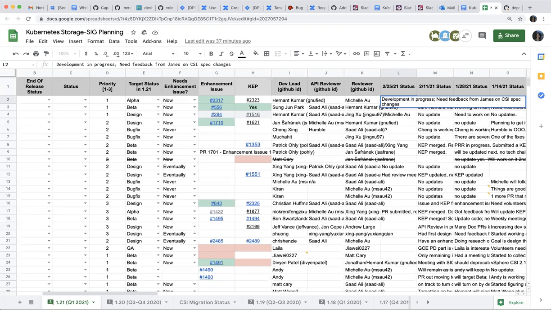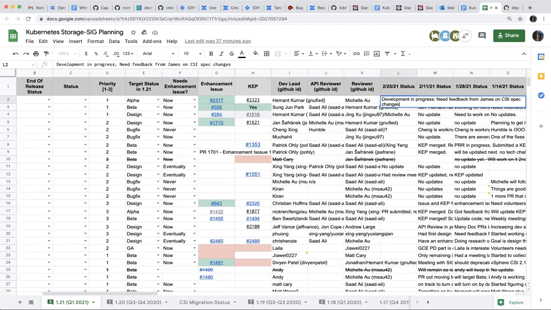Yeah, the capacity one that Patrick opened, and there's a change by Jan for cloned and snapshot restored volumes. Do you guys know how far along those are? I think I've approved both of them. Mine is ready. They've gone through multiple rounds of review. We just need to pull the trigger. So let me take a look at those, and if they are in good condition, we can merge and maybe cut.